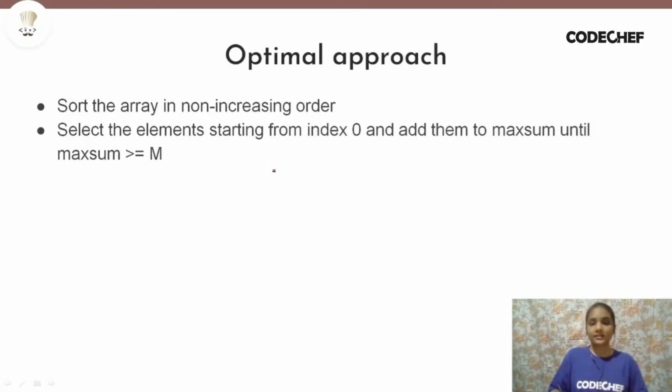Suppose there are values A1, A2 up till AN in an array. A non-increasing order will be if A1 is greater than or equal to A2, A2 is greater than or equal to A3, up to greater than or equal to AN.